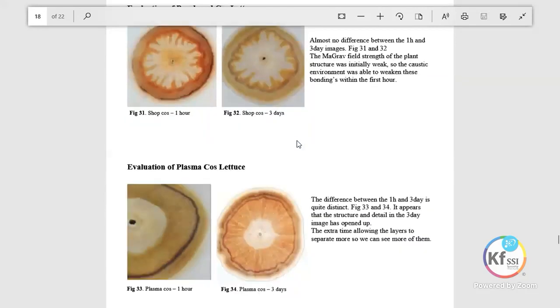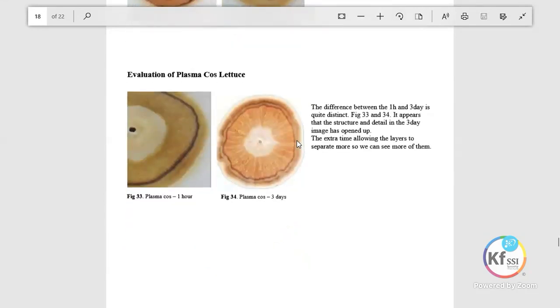But when we look at the plasma lettuce of the 1 hour on the left and the 3 days, we start seeing some differences. What we're seeing is, when you look at this very wide brown band on the plasma COS at 1 hour, this seems to have opened up after 3 days, because we're starting to see a lot more detail, a lot more structure in there, a few more layers.